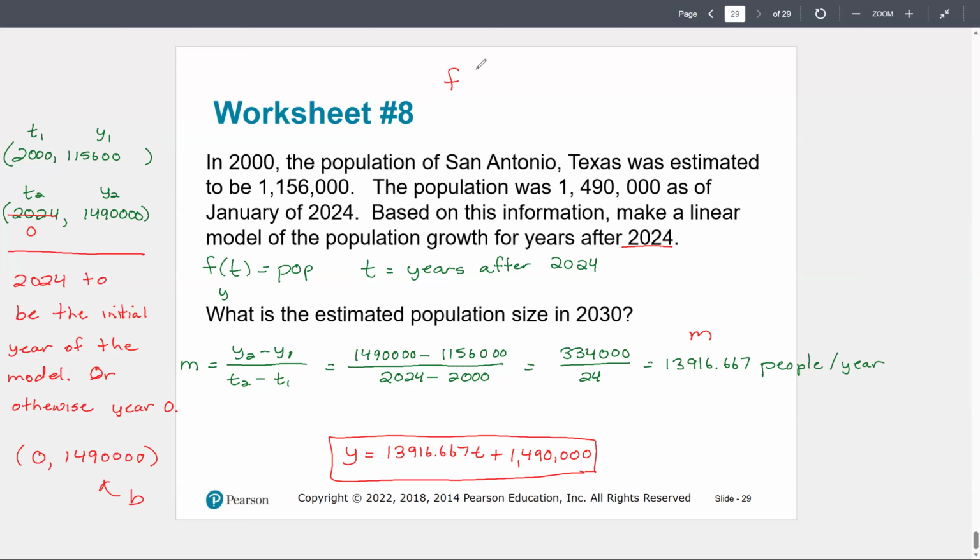So we can say that my function f of t is this right here.